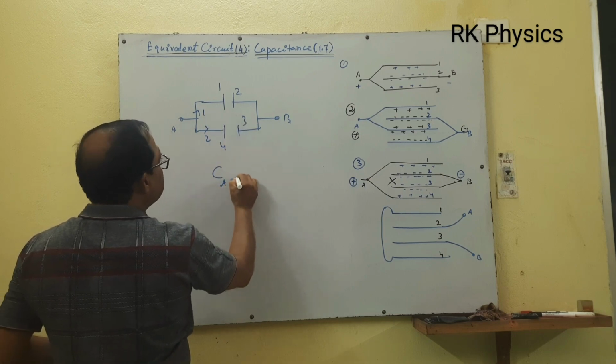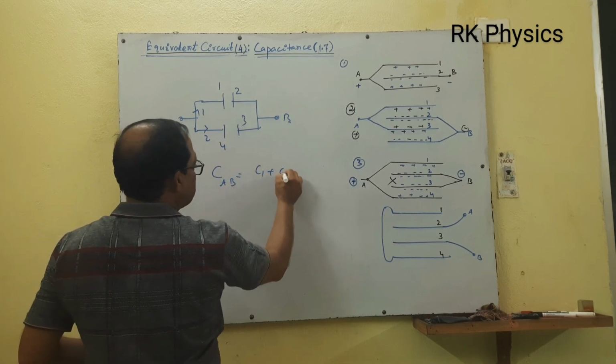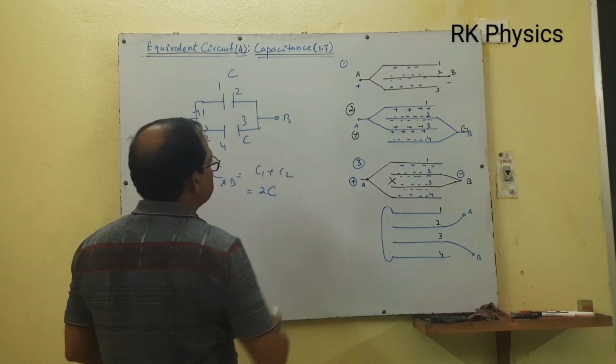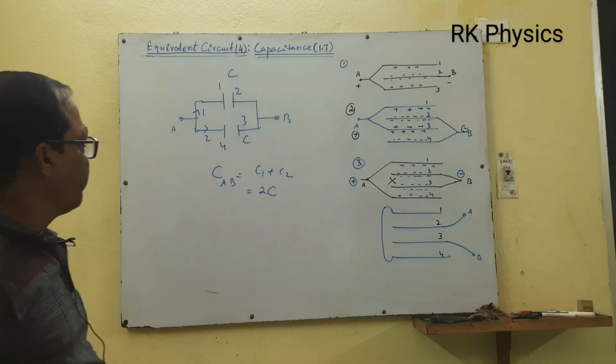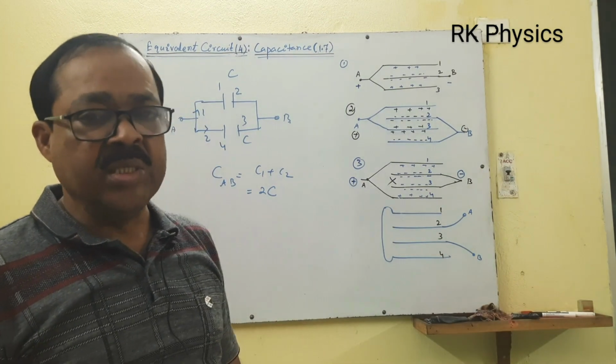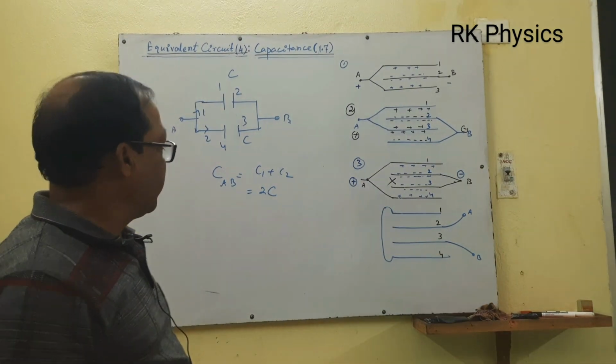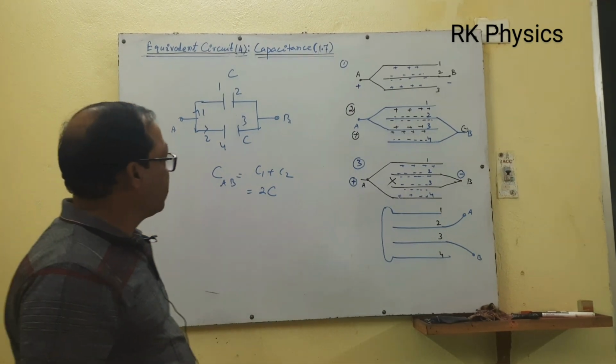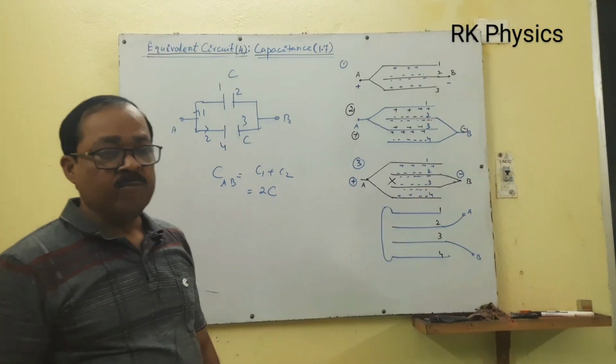Again CAB equals C1 plus C2. If they are identical, C, then this is 2C. Accordingly, you can change the dielectric constant, the area of the plates, or the distance between the plates.